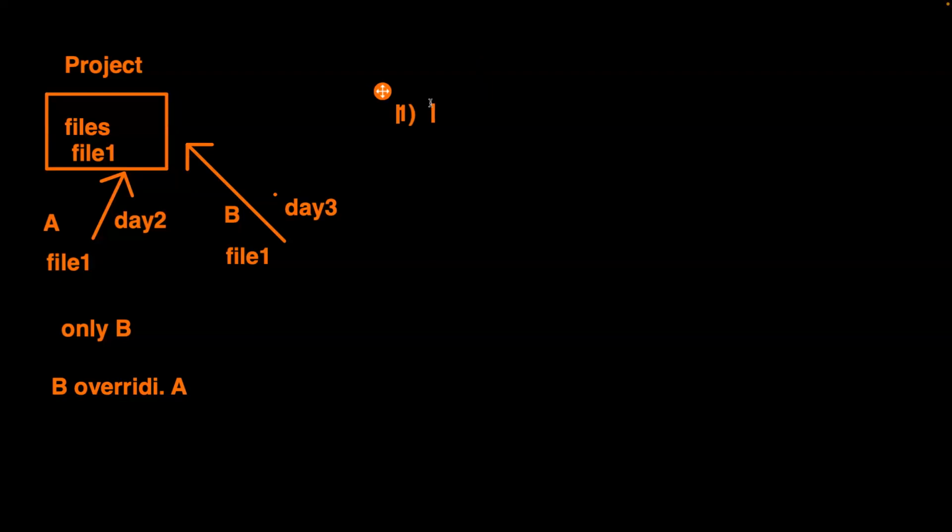So we need a system which allows people to work on the same file at the same time without overwriting. It should allow people working simultaneously, right? Simultaneously on the same file.